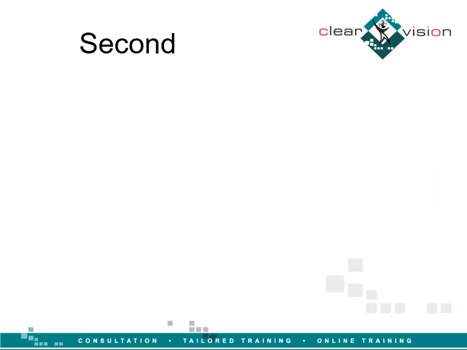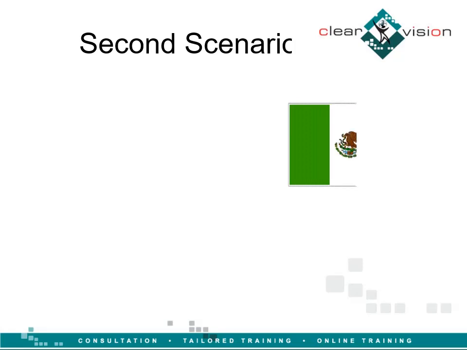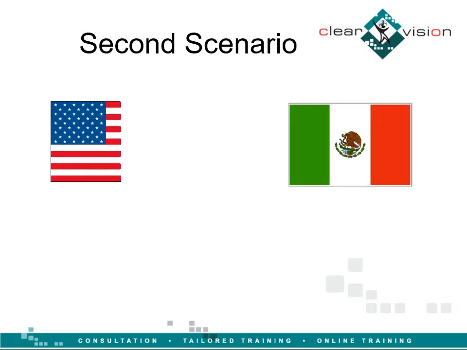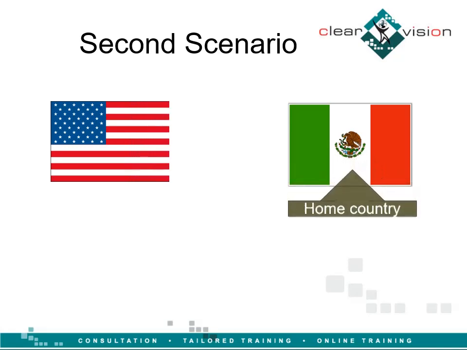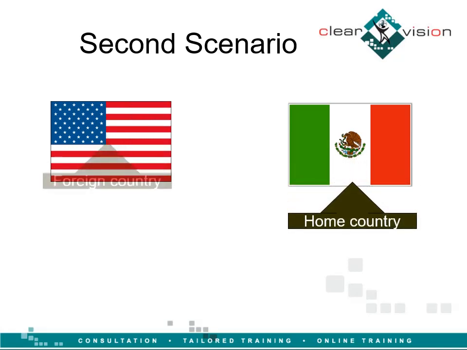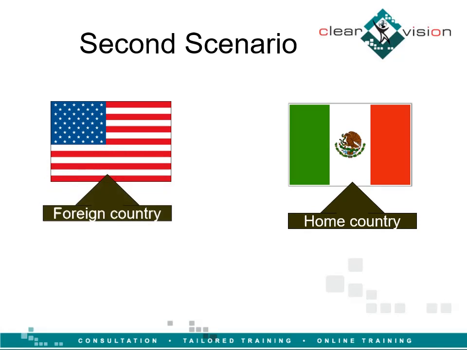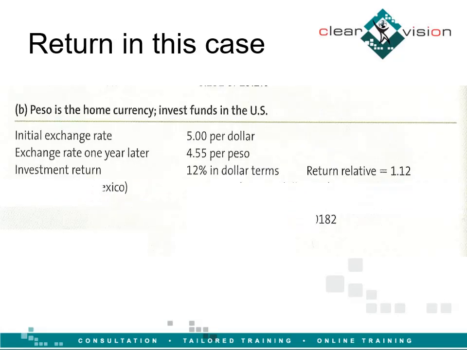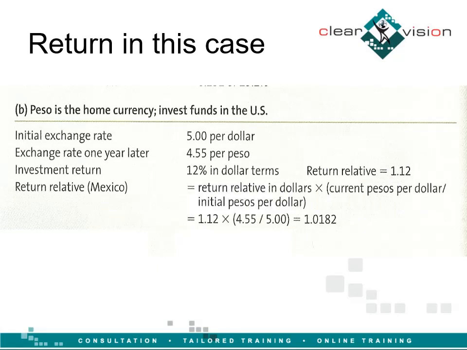Let's assume now the opposite scenario, where a Mexican investor is interested to invest in the USA. So here Mexico will be the home country and the USA is the foreign country. For the same exchange rates mentioned earlier, but presented in terms of pesos, the initial exchange rate is 5 pesos per $1.